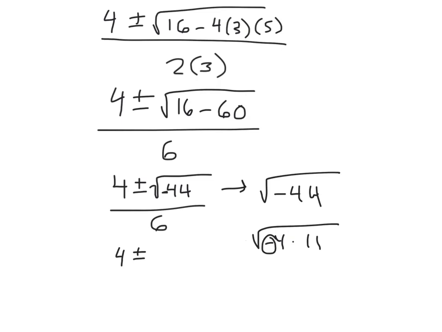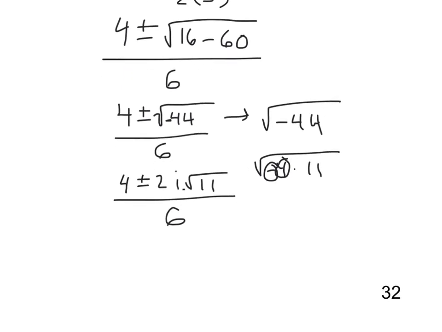We can take out the negative, it becomes an i. We take out the 4, it becomes a 2. And then we're just left with square root 11, which instead of i times 2, we would write as 2i, over 6. And can we simplify it one step more?